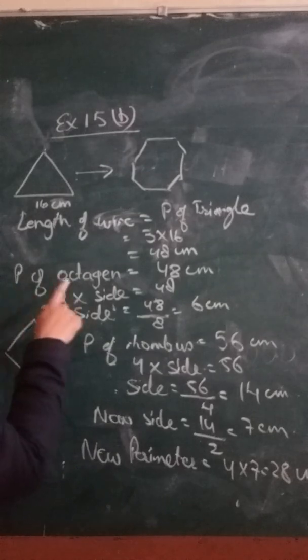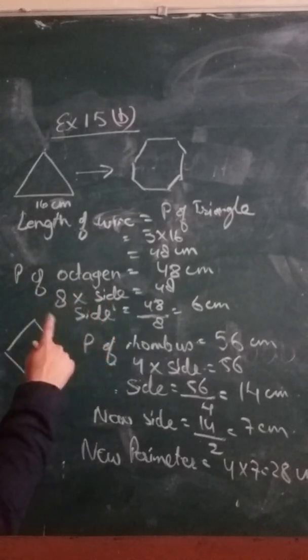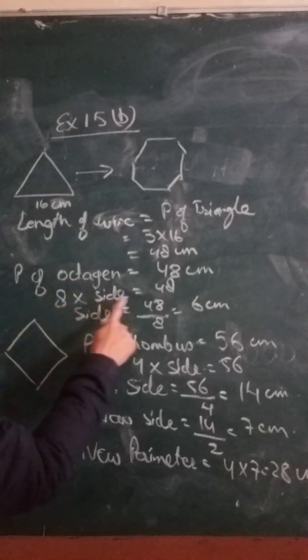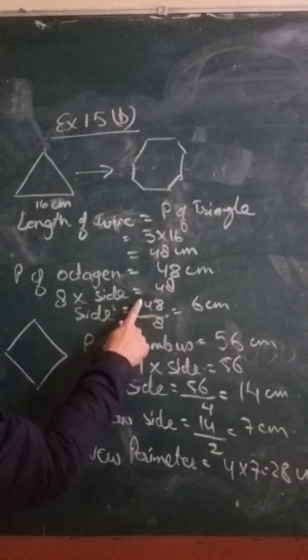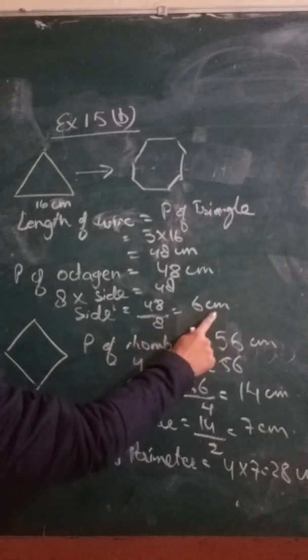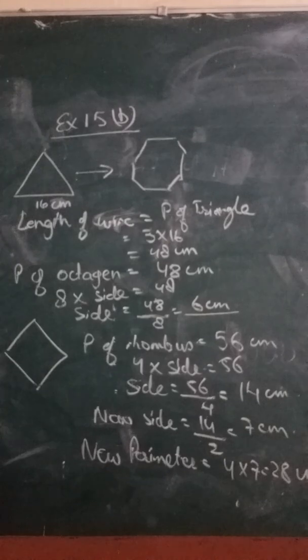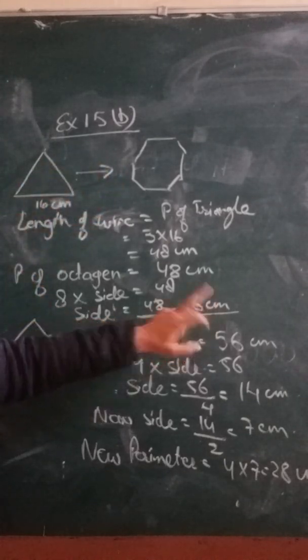And what is the perimeter of the octagon? 8 into side, because it is an octagon, it has 8 sides and it is a regular one. So 8 into side is equal to 48. So side will be equal to 48 upon 8, which is 6 centimeter. So option C is correct. Each side of the octagon is equal to 6 centimeter.